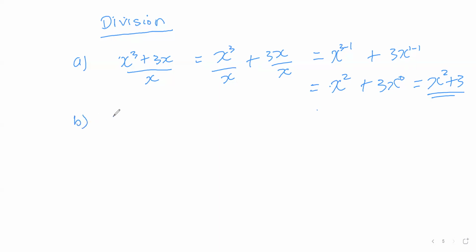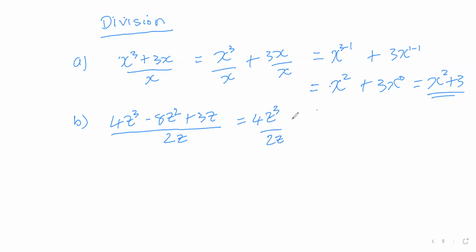We take another one, 4z cubed minus 8z squared plus 3z divided by 2z, basically. Okay, so z is in the denominator and each term in the numerator also contains z. So we can easily divide this by distributing the denominator.